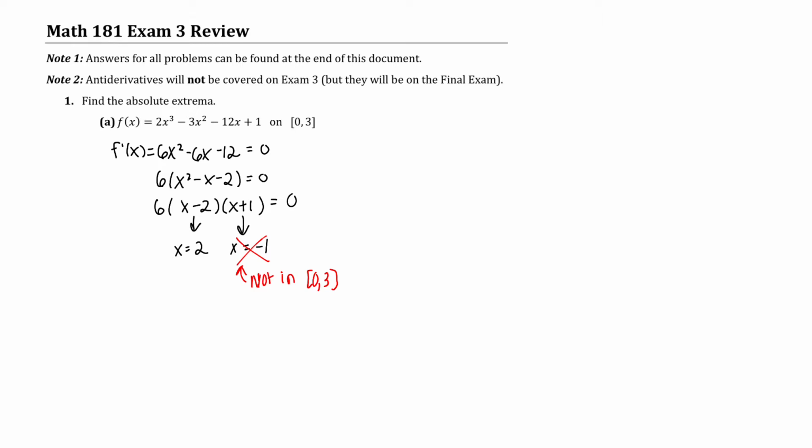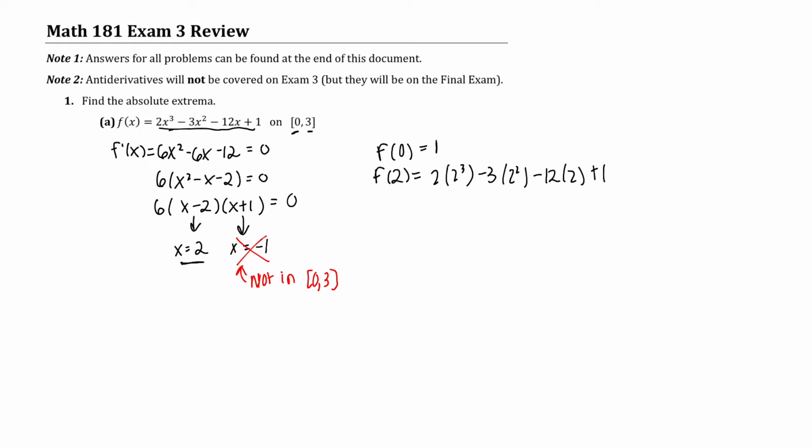Then we're taking these values and plugging them back into this original function. So the values 0 and 3 get plugged back into the original. f of 0, if you plug 0 in, you're going to get 0 cubed, 0, 0. It's going to be 1. If you plug in 2, 2 times 2 cubed minus 3 times 2 squared minus 12 times 2 plus 1.